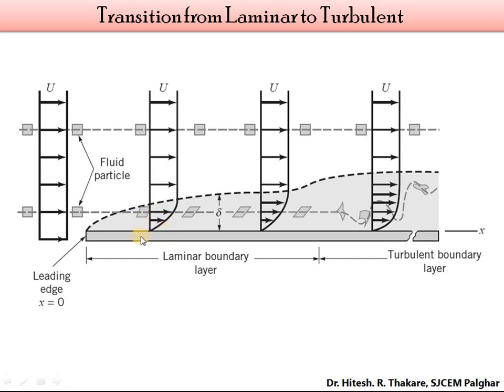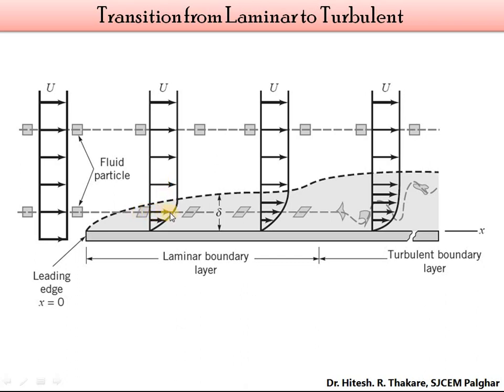Because of no-slip boundary condition, the fluid in immediate contact with the plate surface retards, it comes to a halt, its velocity reduces to 0, and because of that this retardation passes on to the neighboring layers, and the velocity of neighboring layers also reduces. Because of such reduction in velocity, a velocity gradient is created which remains up to the thickness of boundary layer. After boundary layer, the velocity is nothing but the free stream velocity for every fluid layer.